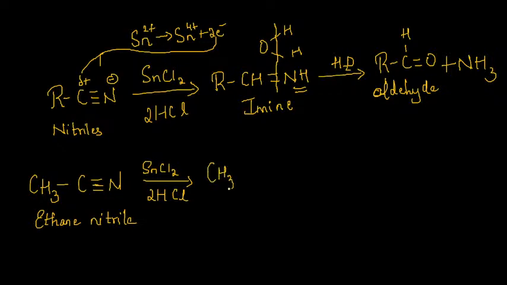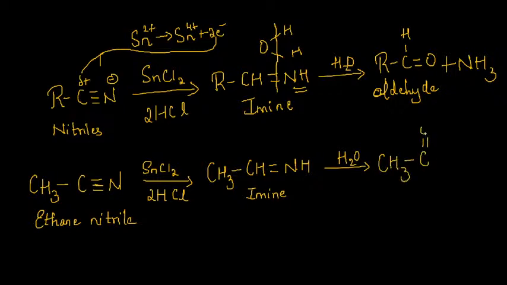So what happens there? One pi bond of the triple bond breaks and it becomes a double bond. So you will get CH3CH double bond NH. What do we call this state? The intermediate state, that is imine. Now, what you have to do? You have to perform hydrolysis. On performing hydrolysis, the CH3CH group is oxidized. On addition of oxygen, it turns to CH3CH double bond O, and the NH group will go out as ammonia NH3.